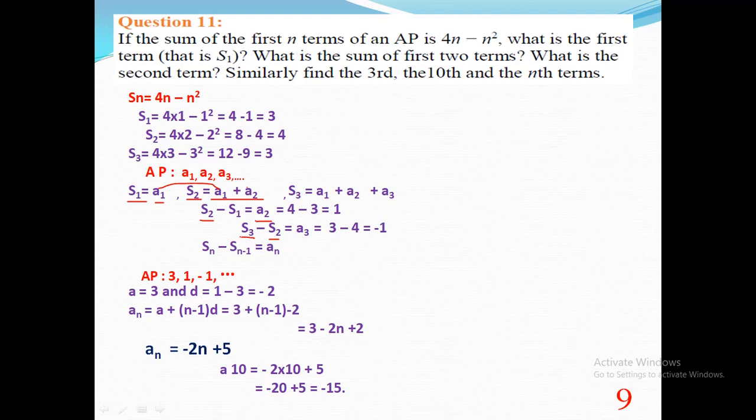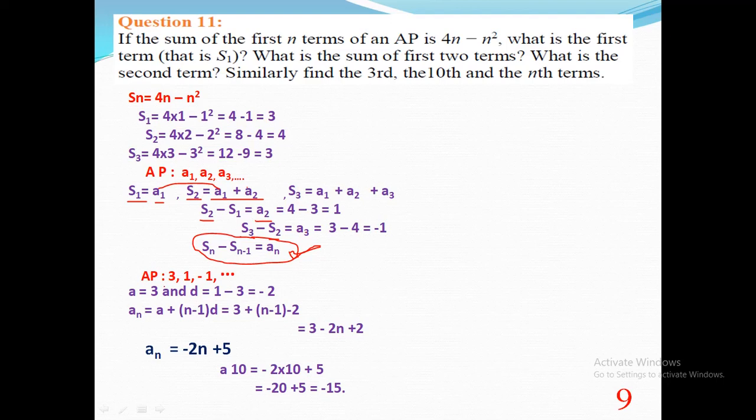And from this, you can also elicit a formula: Sn minus Sn minus 1 is equal to An. This is another formula you have made just now. Remember this. Now we know what is A1, A2, A3.